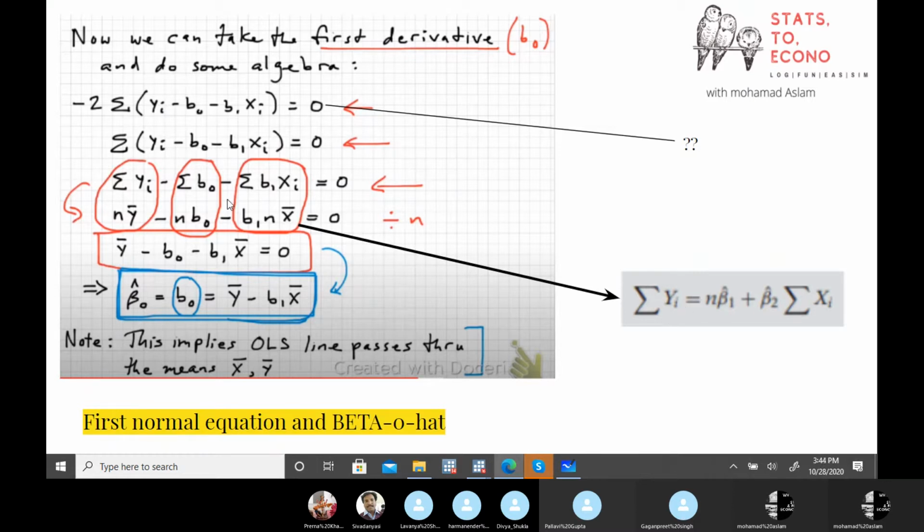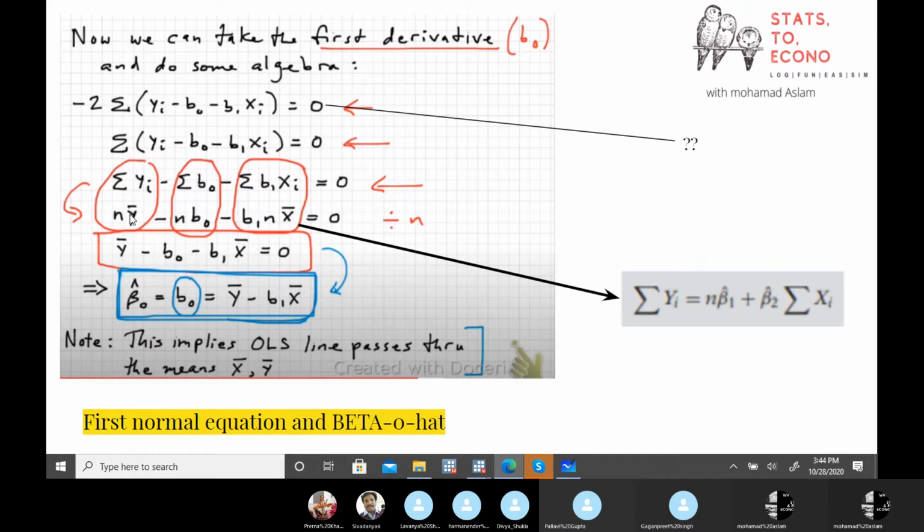What we actually need is the value of beta 1 hat and beta 2 hat, or here we can say beta 0 or beta 1. Now we have to solve these equations. These are small tricks from statistics that we are going to use.